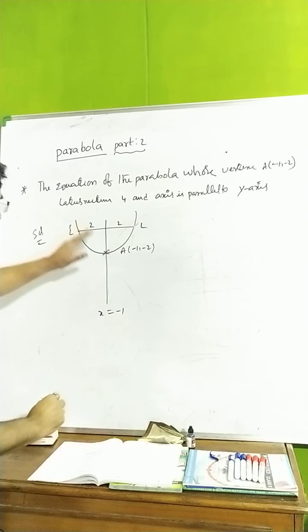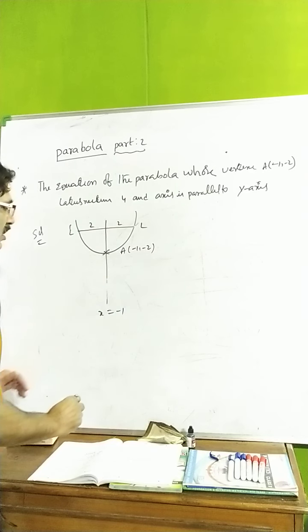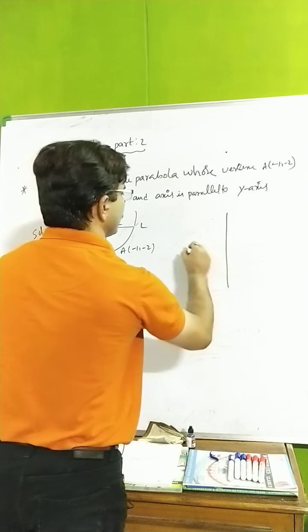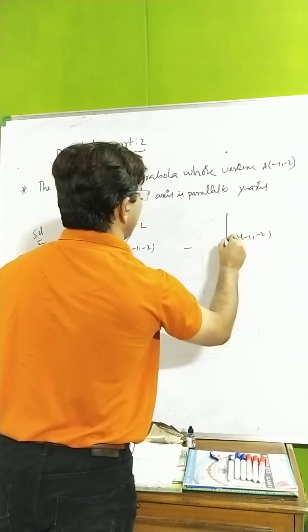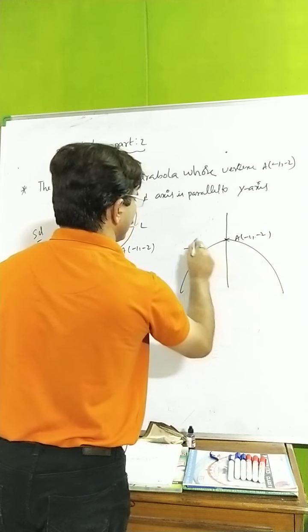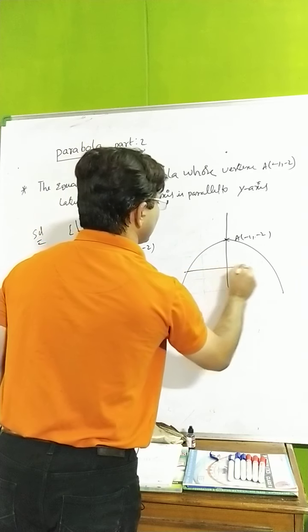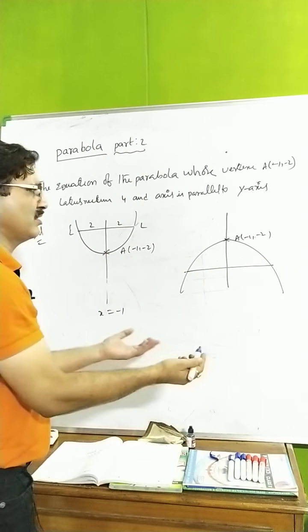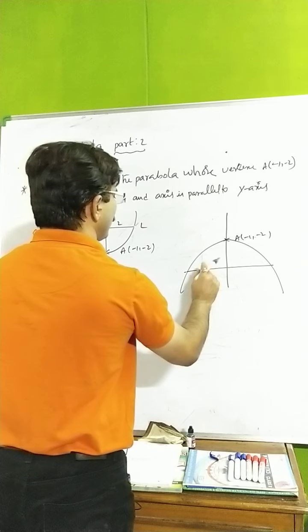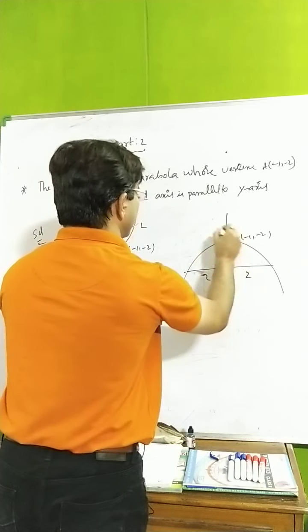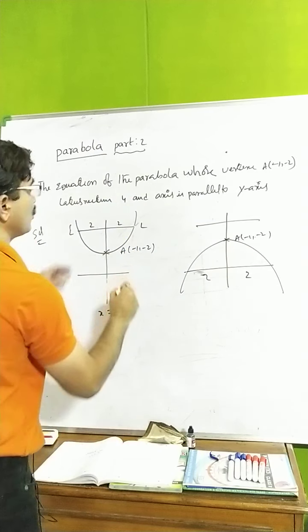I am not saying that this is always correct. This is one chance only. The other may be this one. Same as it is, you see this one, A is (minus 1, minus 2). But it may be in this way also. So the latus rectum length he has given. He didn't say above, below, nothing. So this is 2 and this is also 2. Two chances are there.